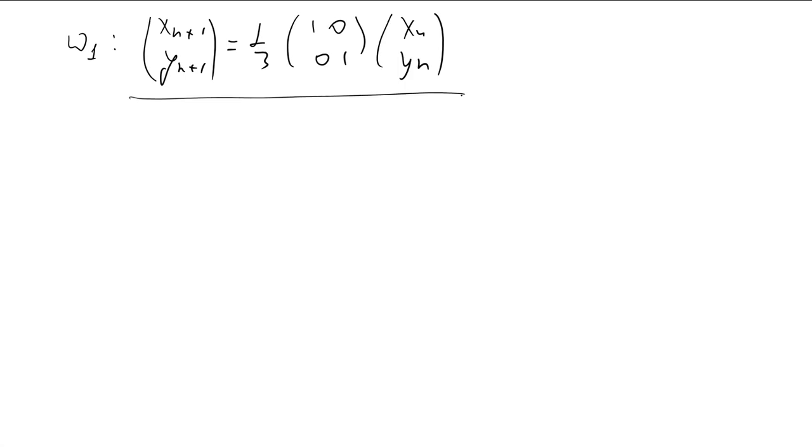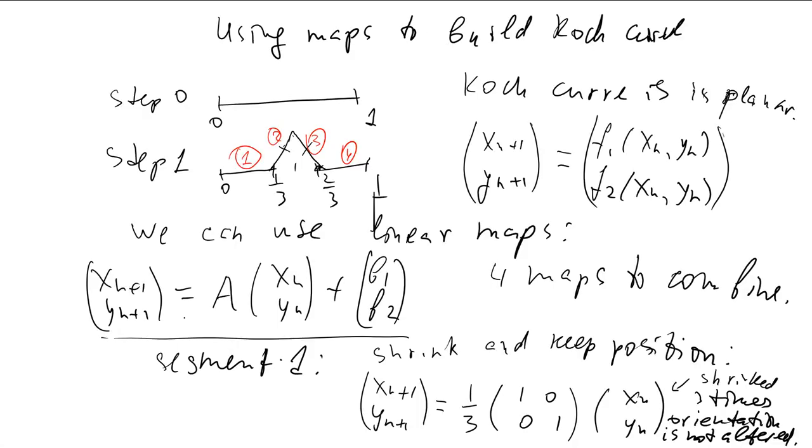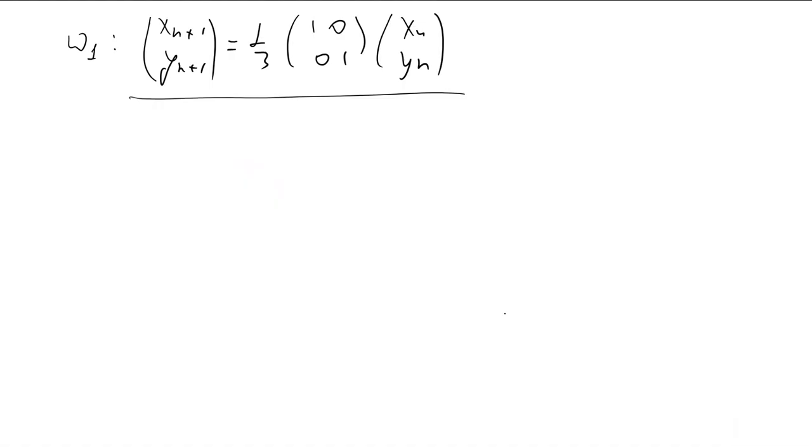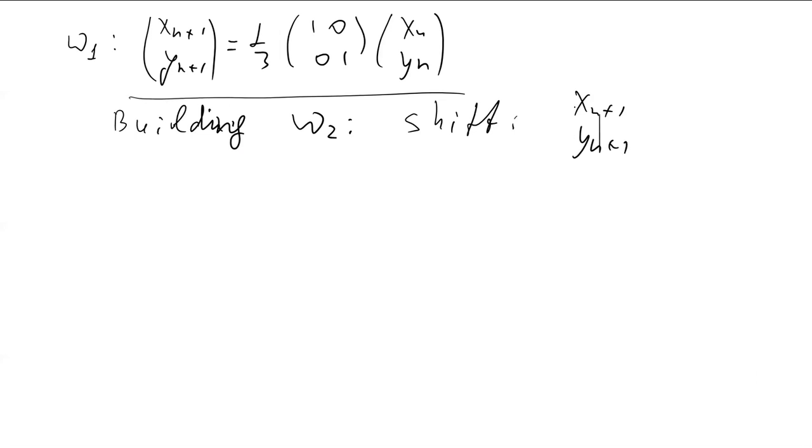If we want to consider the second segment, it is a bit more difficult because we indeed shrink, that's fine, we have this shrinkage, but in addition to shrinkage, we have rotation and we also have a shift. So shift by 1/3, building omega 2. Shift is easy. Shift is xn plus 1, yn plus 1. Shrinkage also is 1/3.